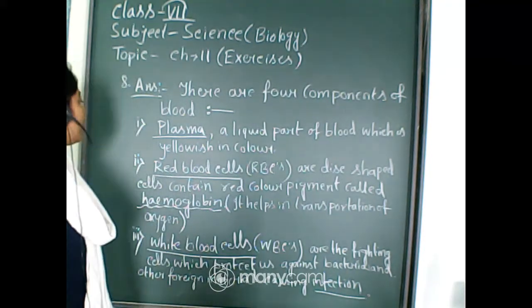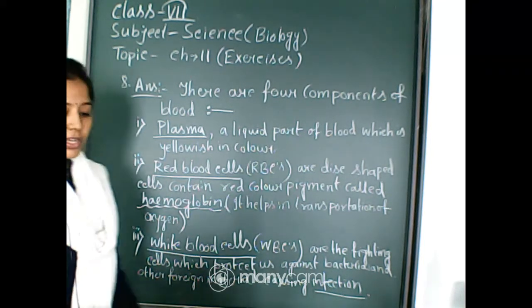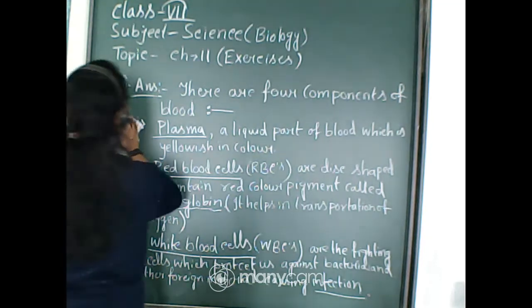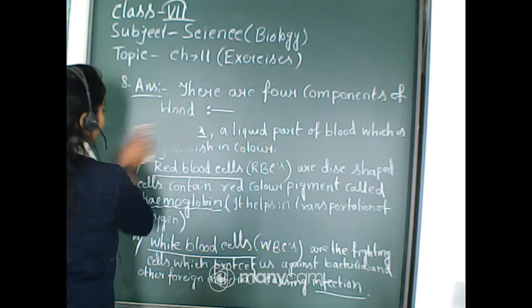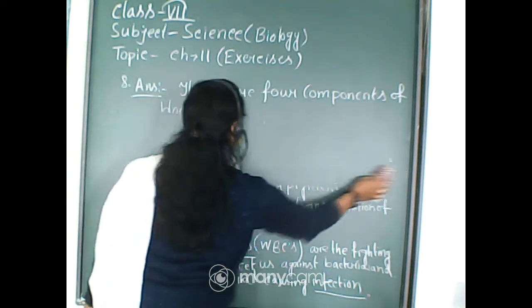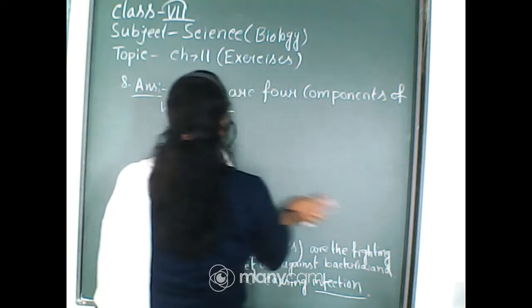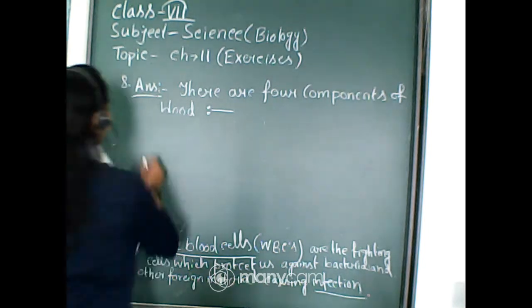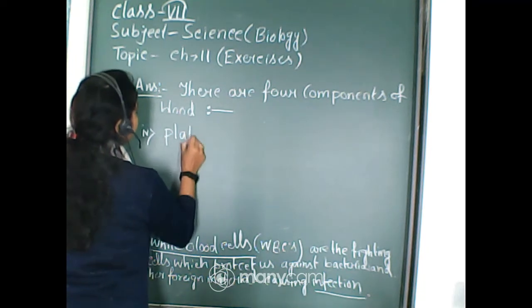Okay, so here we have seen the 3 components of blood. Lastly, I am going to write the 4th component of blood by rubbing the upper 2 portions, plasma and red blood cell. Okay. Now the 4th portion, which is very, very important, is named platelets.